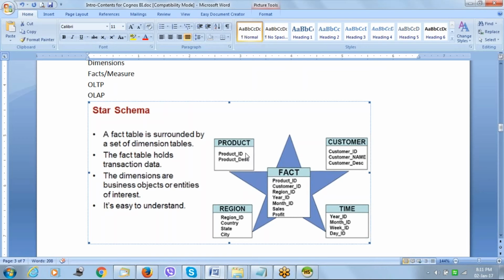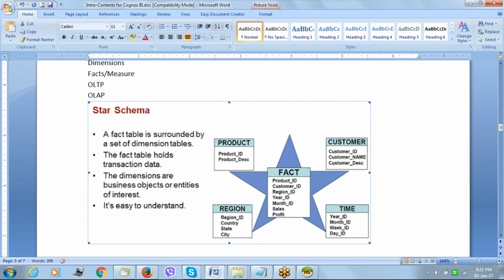For this customer, how much have we sold? That is the customer dimension. For the paracetamol product, what is the revenue? That is the product dimension. Region: in India how much is sold, in Pakistan, in the US, in Australia. This is a region dimension.